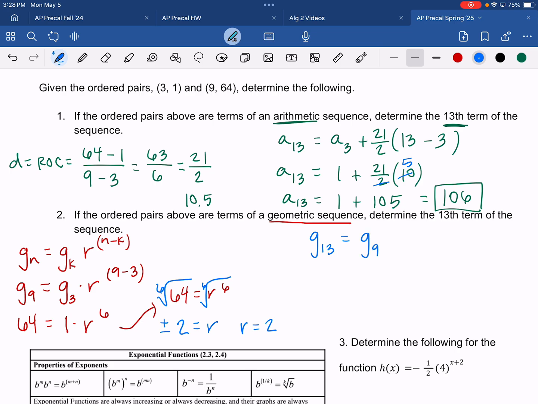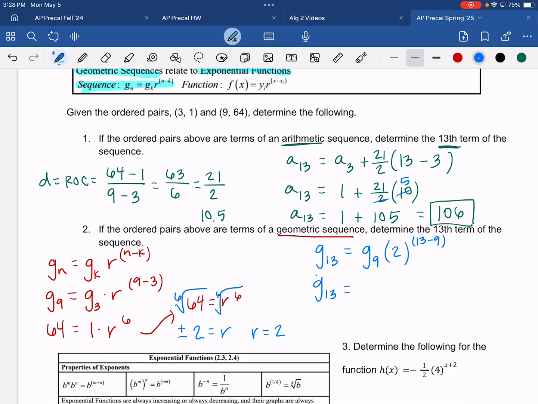This time I'm going to start with the 9th term instead of the 3rd. So this time n minus k is 13 minus 9. That helps us because we only have to raise 2 to the 4th power.